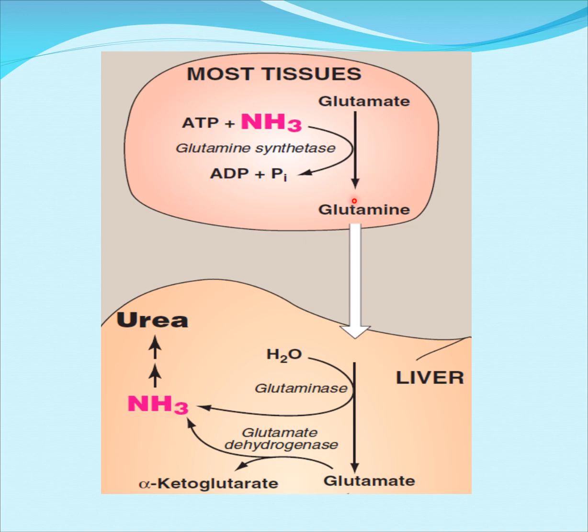So this glutamine helps to transfer 2 moles of ammonia from most tissues into the liver, and the liver is the only organ that can handle ammonia effectively without any harm. It's mainly converted into urea, which we discuss next.